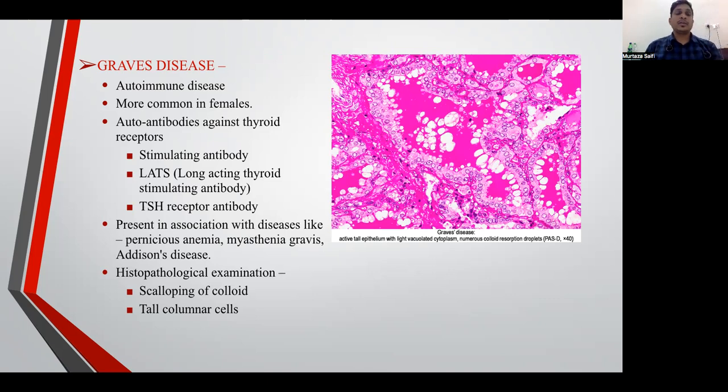These are the stimulating antibodies, long-acting thyroid stimulating antibodies, then thyroid stimulating hormone receptor antibody. These are the different antibodies, present in association with diseases like pernicious anemia, myasthenia gravis, Addison's disease. Histopathological examination shows scalloping of the colloid and tall columnar cells as seen in this picture.